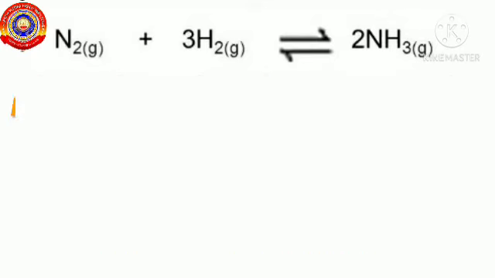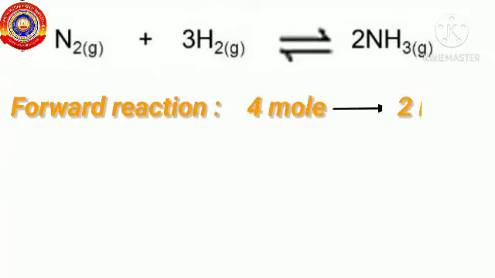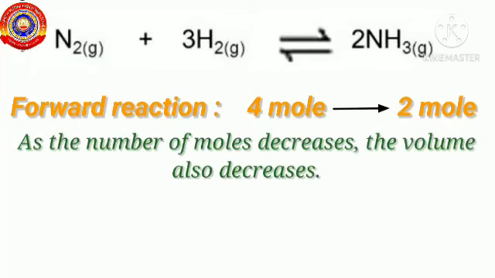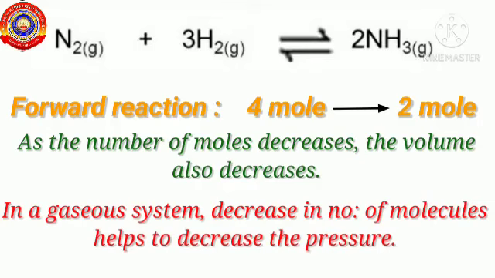So children, in the forward reaction of this system, you can see that the number of molecules is decreasing. As the number of moles decreases, the volume also decreases. So we can say that in a gaseous system, a decrease in the number of molecules helps to decrease the pressure.